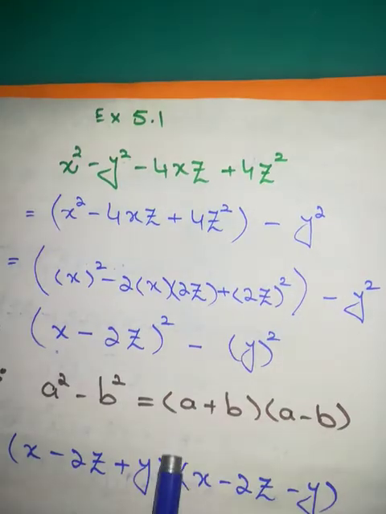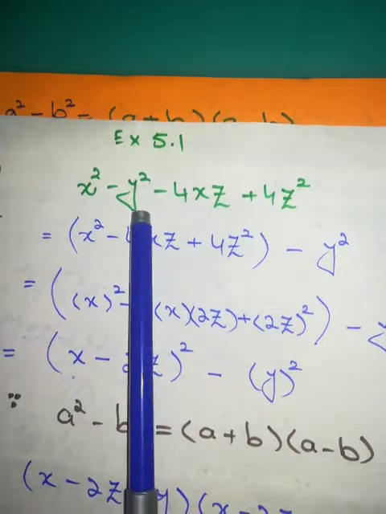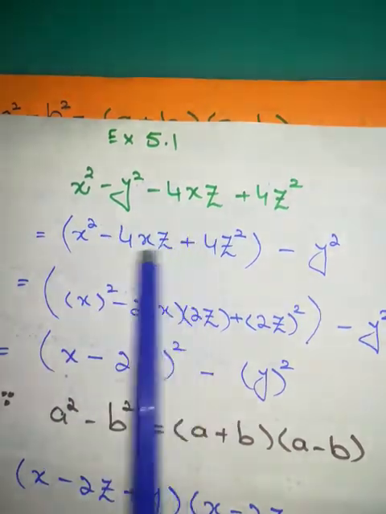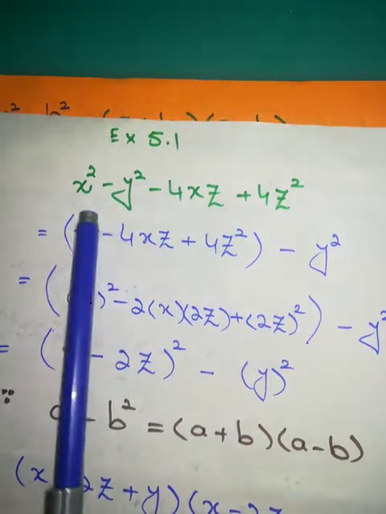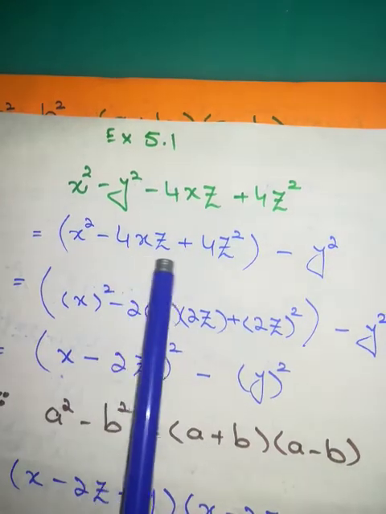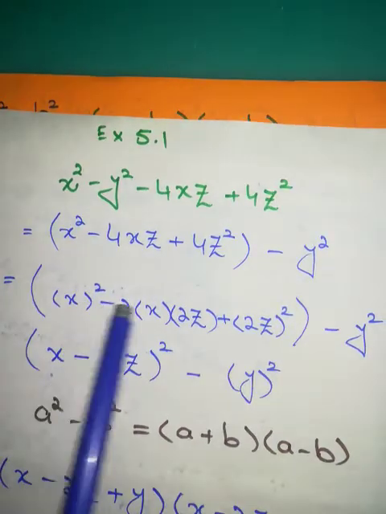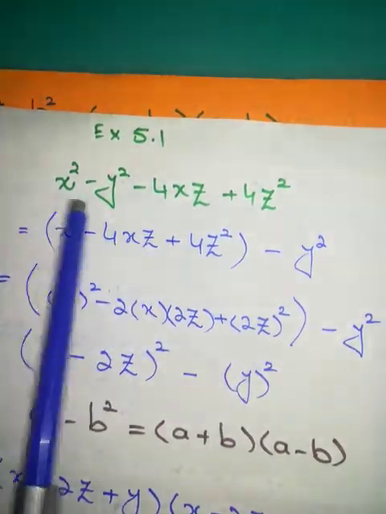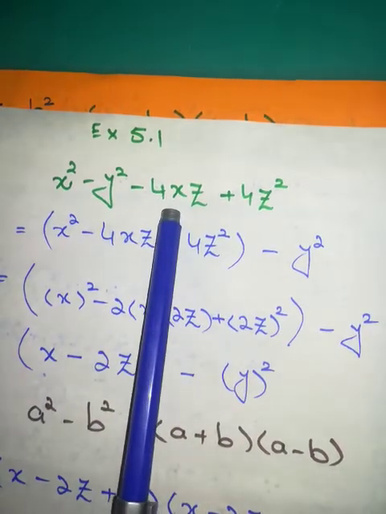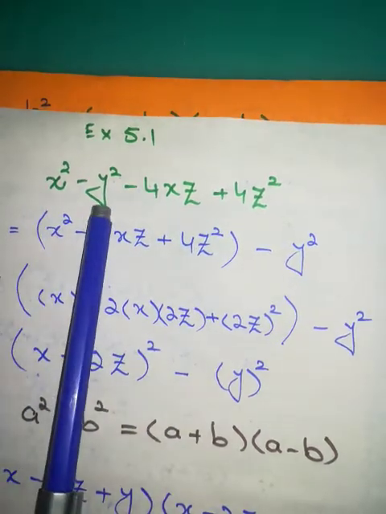Now next, the sixth part. The question is x square minus y square minus 4xz plus 4z square. Now convert into whole square form. Combine the three terms like x square minus 4xz plus 4z square minus y square, because if we combine the first three terms as given, it makes no sense: the product here is xz but the other product is xy.